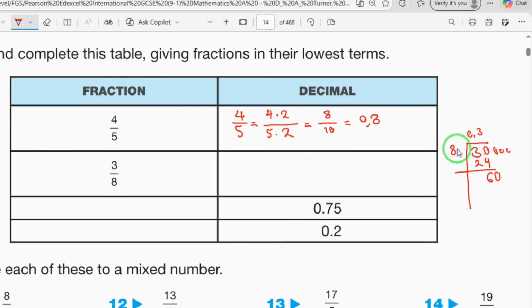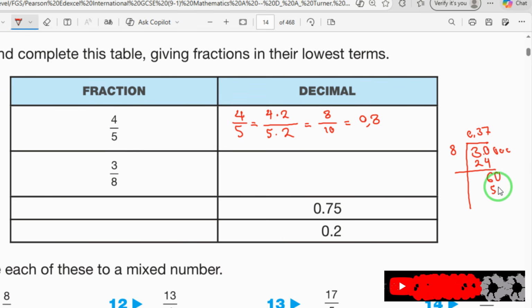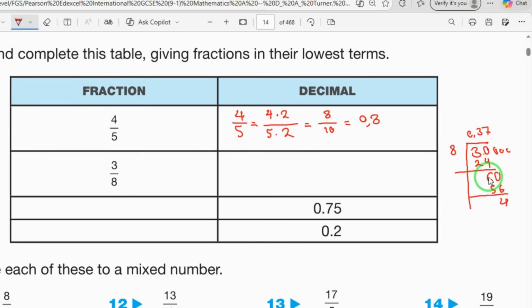60 divided by 8. Actually, here it is 7. 7 times 8 is 56. We subtract 10 minus 6, remain only 4. We borrow from 6, it becomes 5. 5 minus 5 is 0.